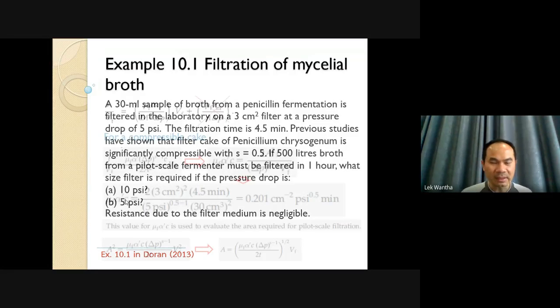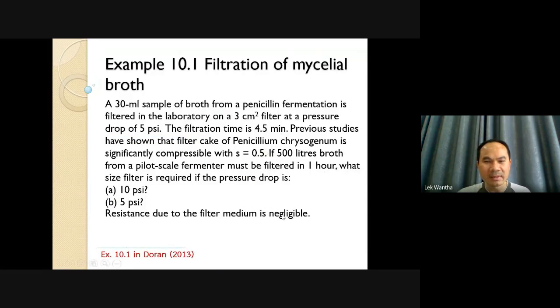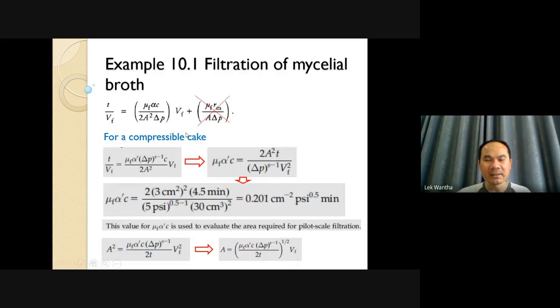If we go back to our equation, for this case we neglect the resistance due to the medium. It is also in the problem statement that the resistance due to the filter medium is negligible. So we can cancel this term.